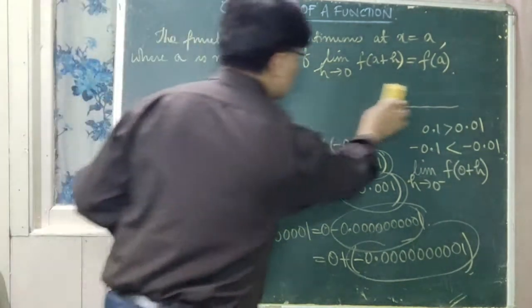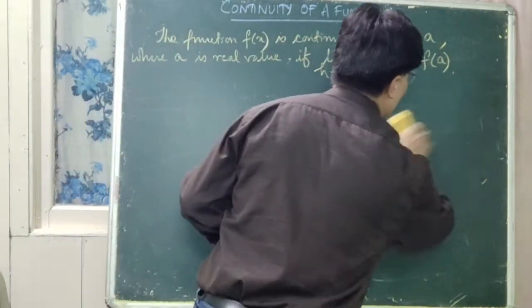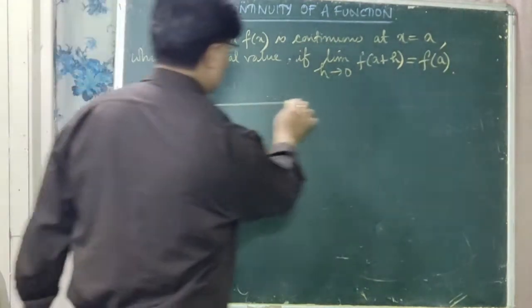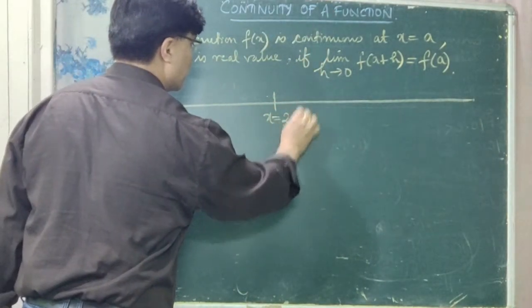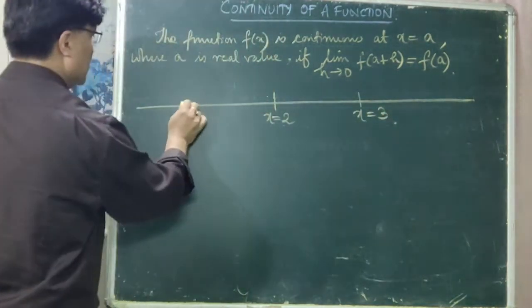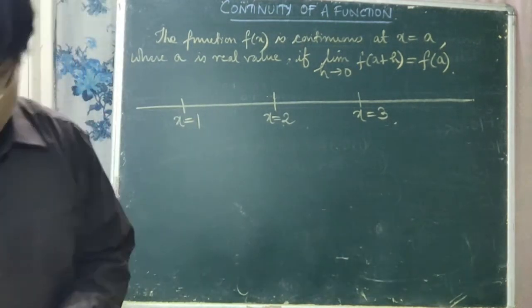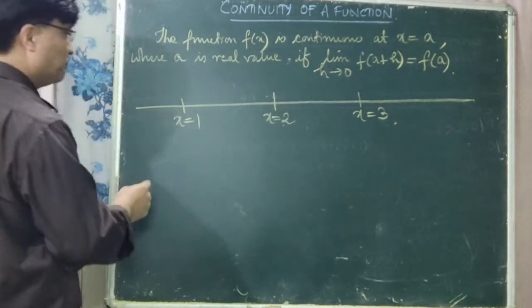Okay, so let us do the next one. Suppose you have x is equal to 1, suppose it is 2, right? This will be x is equal to 3. This will be x is equal to 1, right? So now let us write down here.